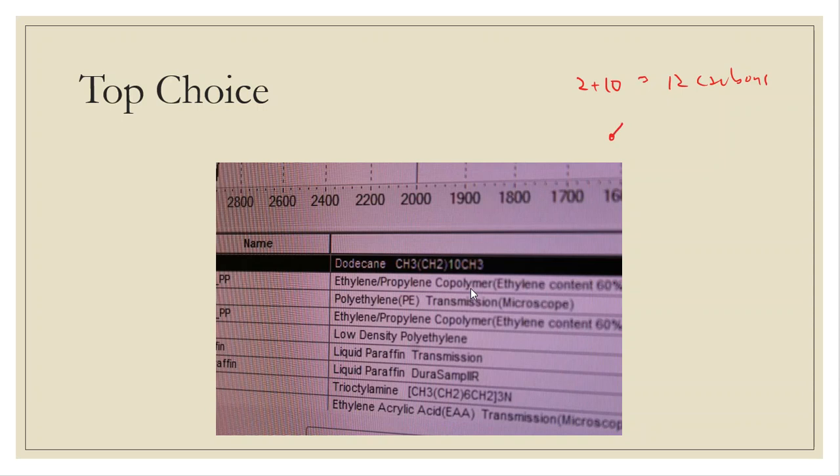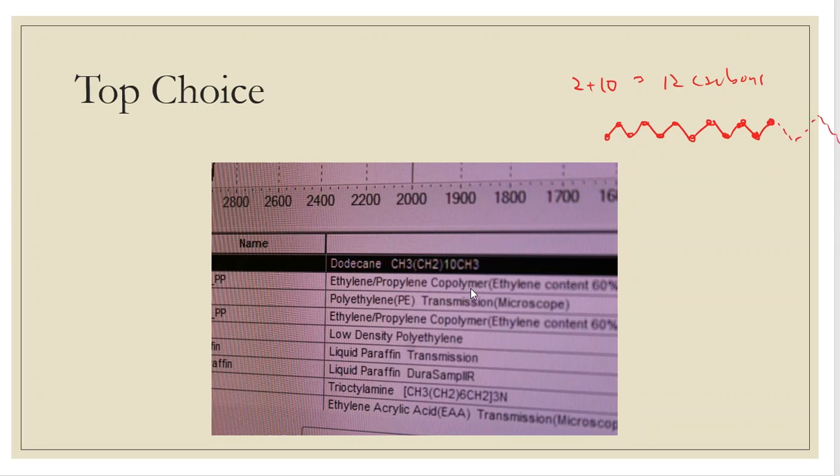Well, here's the thing. 12 carbons, 1, 2, 3, 4, 5, 6, 7, 8, 9, 10, 11, and 12, or 13, 14, 15, 16. I mean, you can kind of imagine that that's pretty close, but it's not perfect, is it? Dodecane is 12 carbons. I had either hexadecane or 2,2,4-trimethylpentane, not dodecane.